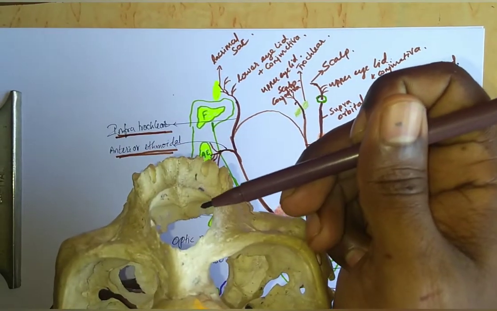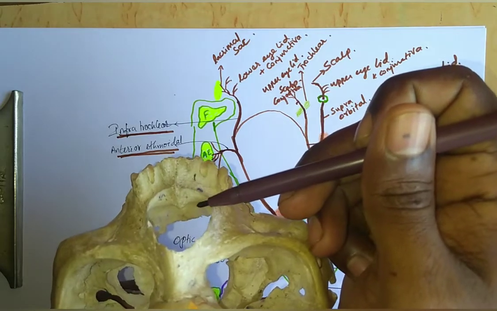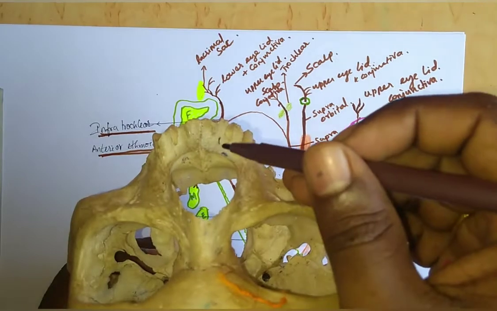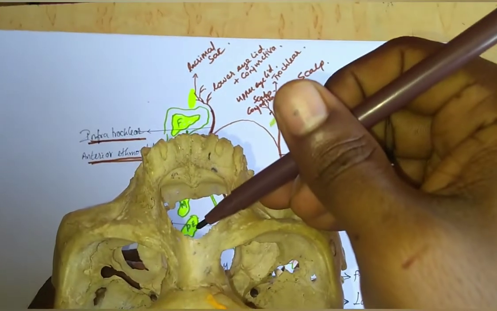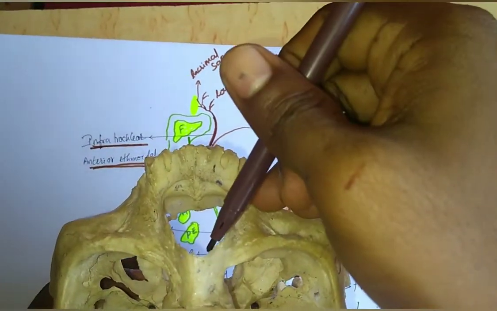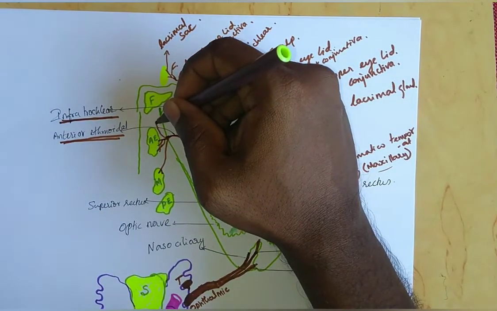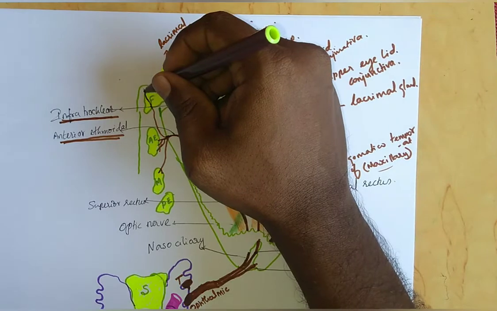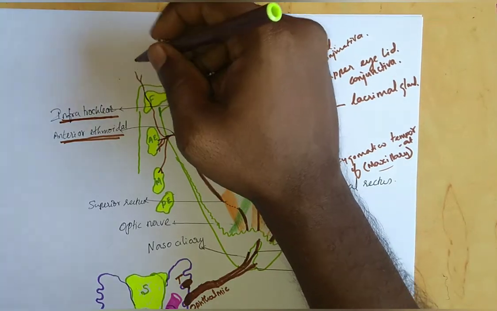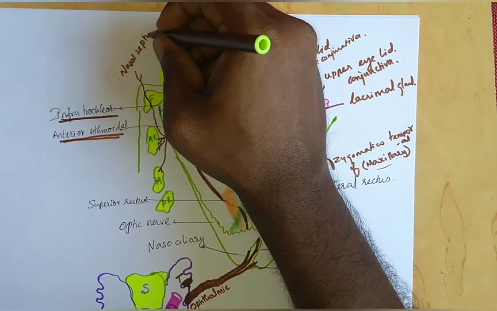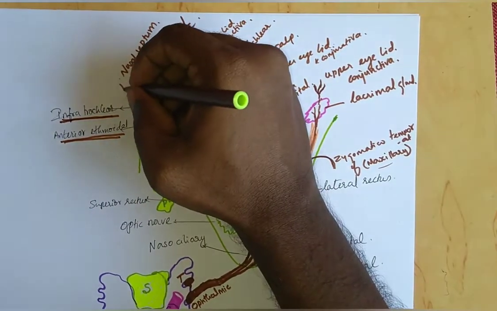Then it emerges out and ends by supplying the skin over the lower part of the nose. So this branch passes all the way and supplies the nose, mainly the nasal septum, the lateral wall of the nose, and the skin over the lower part of the nose.